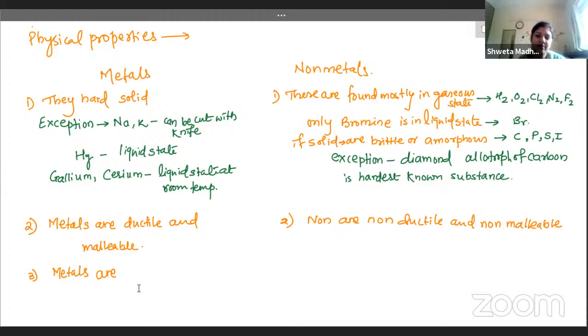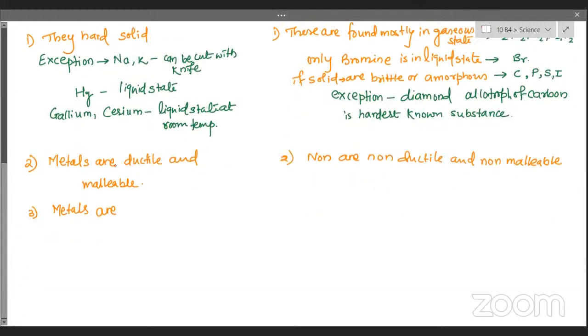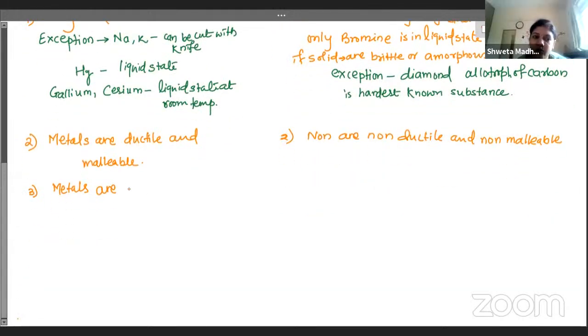Then third physical property. Metals have high melting and boiling points.